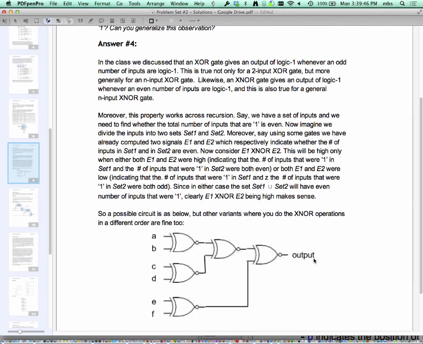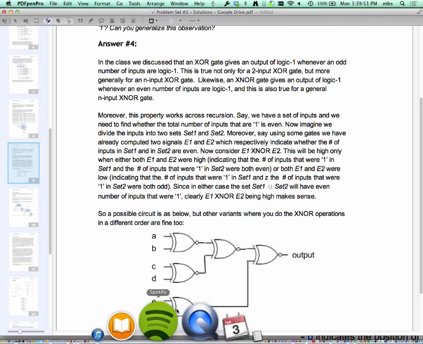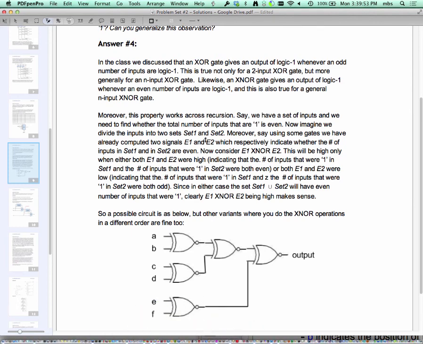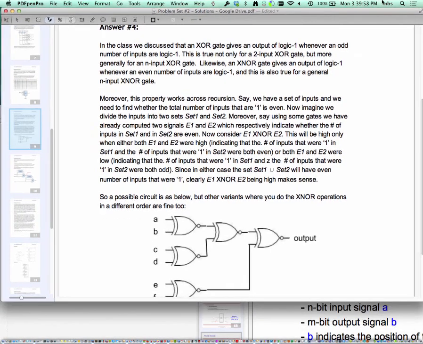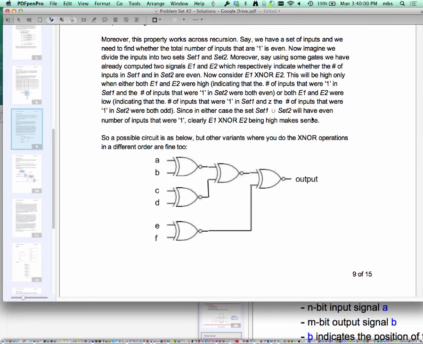So let's think of it this way. The question out here is, what if I had a G? So let's say I have a G. Okay, and you can see that it works.